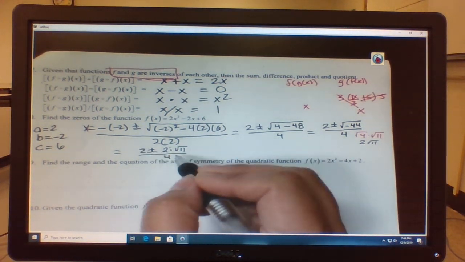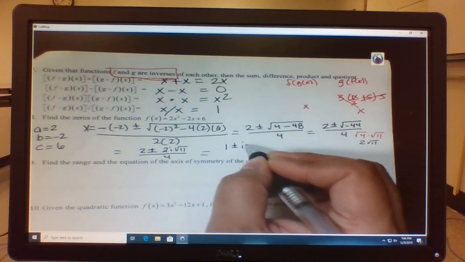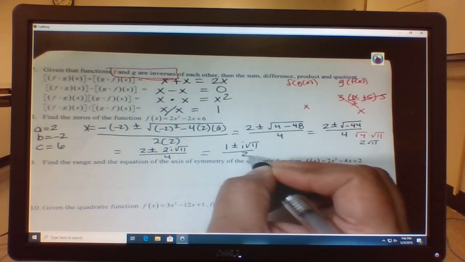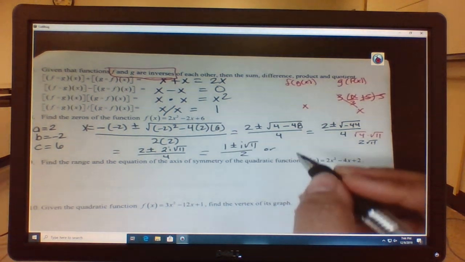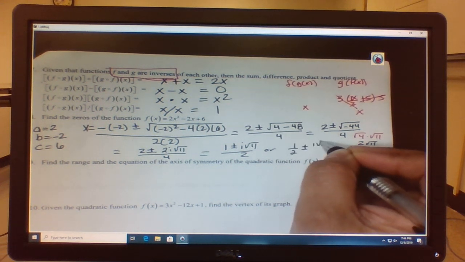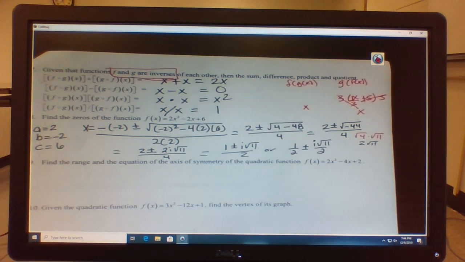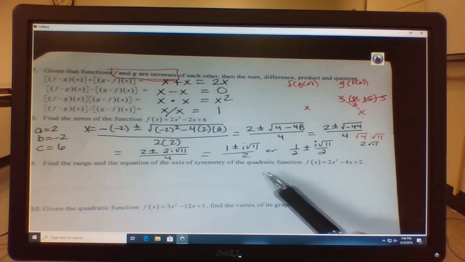All of these are reducible by 2. So this becomes 1 plus minus i square root of 11 over 2. Or, and I don't remember the way it's in your final, they could split it up into 2 fractions. Now, how do you know if you have to take it that way? Look at your answer choices. If it doesn't look like this, then it's going to look like that. Okay?